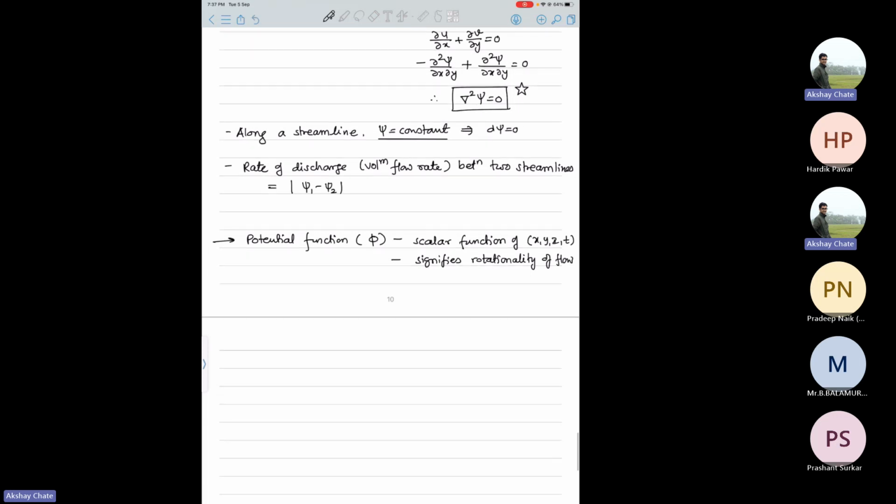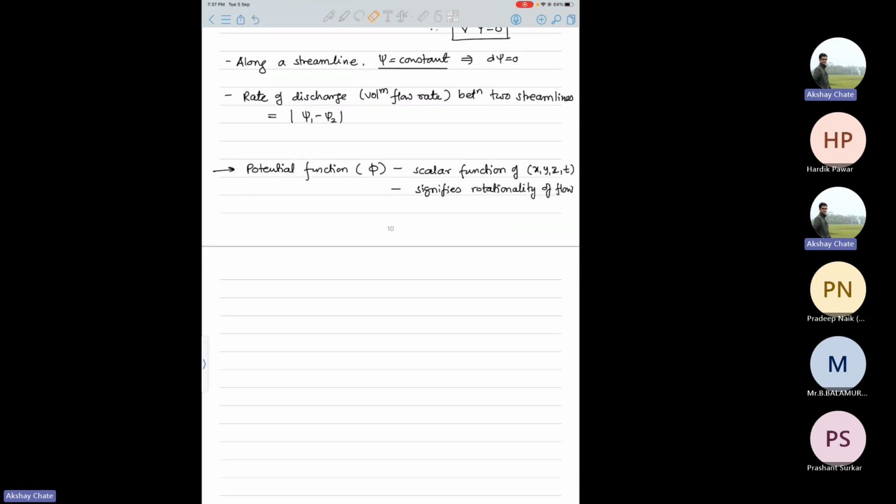The reason why it came into existence is to define the rotationality or irrotationality of the flow, and its value is easy to remember: del phi by del x is negative of u, and del phi by del y is negative of v.